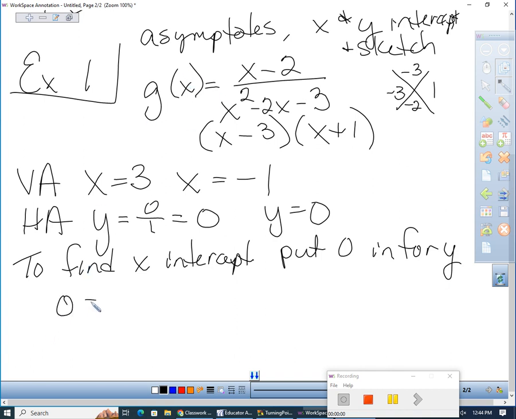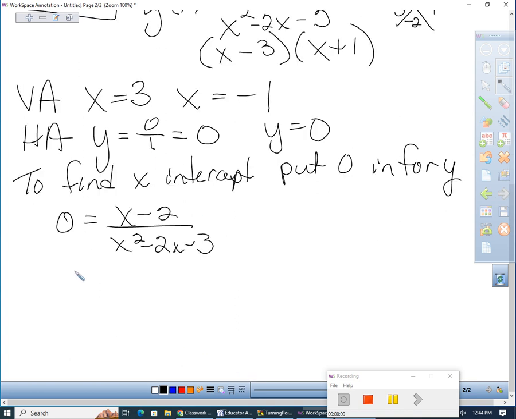I get 0 equals x minus 2 over x squared minus 2x minus 3. Well, to get rid of this denominator, I have to multiply both sides by that, right? Which just cancels it. If I multiply that times 0, it goes away, right? So what I really have here is 0 equals x minus 2. What does x equal? 2. So we have the point 2, 0.